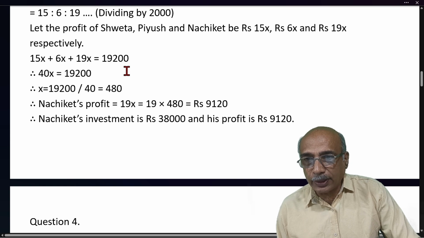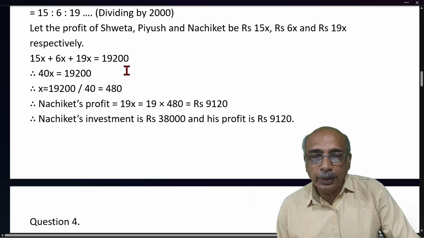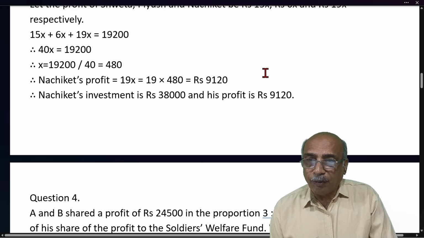Therefore, 40x equals 19,200, x equals 19,200 divided by 40 equals 480 rupees. Therefore, Nachiket's profit equals 19x equals 19 into 480 equals rupees 9,120. Therefore, Nachiket's investment is rupees 38,000 and his profit is rupees 9,120.